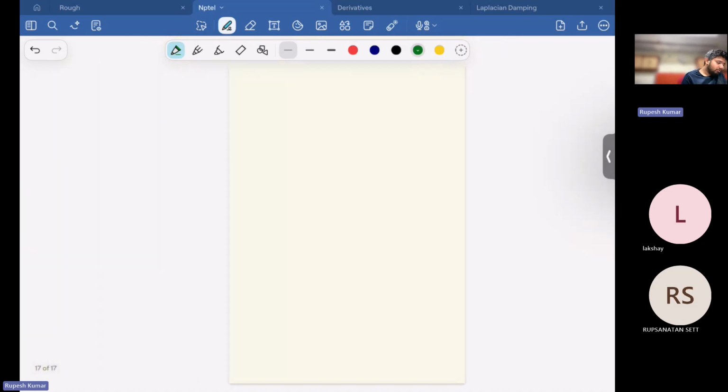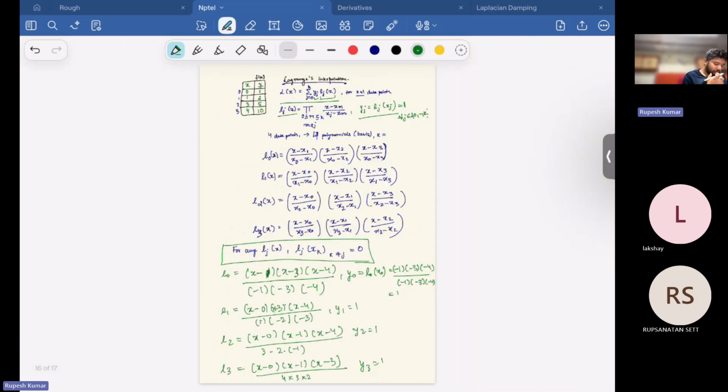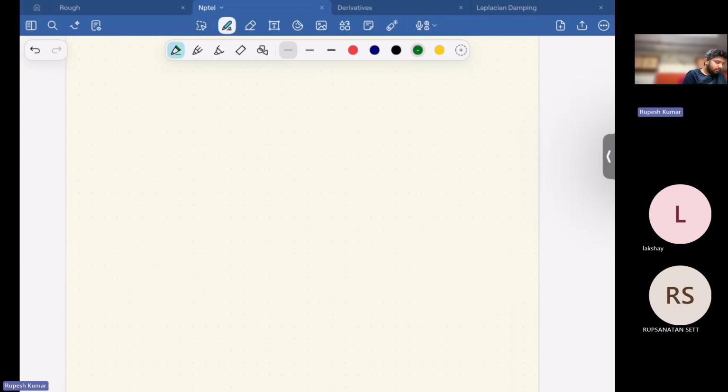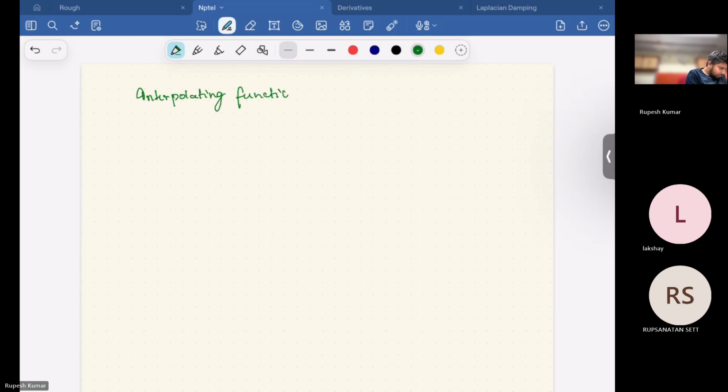When you have these, you add them up to get the final polynomial term here. So your interpolating function becomes L equals L0(x) plus L1(x) plus L2(x) plus L3(x).